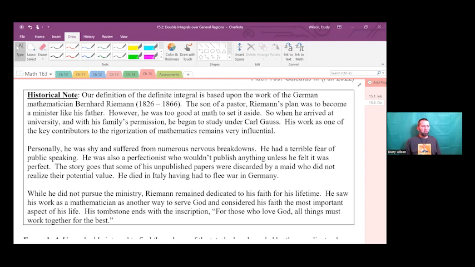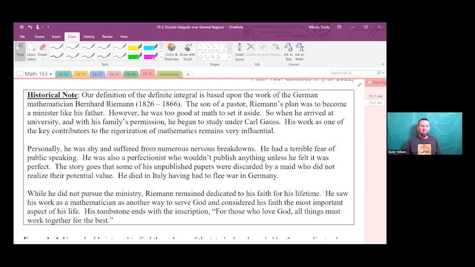Personally, Riemann, again, this guy that was the one that helped us come up with our Riemann integral and our Riemann sum, was shy and he suffered from numerous nervous breakdowns. He had a terrible fear of public speaking. He was also a perfectionist who wouldn't publish anything unless he felt it was perfect. Story goes that some of his unpublished papers were discarded by a maid who did not realize their potential value.